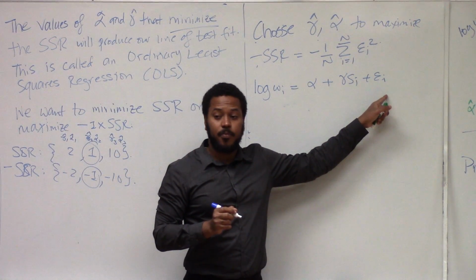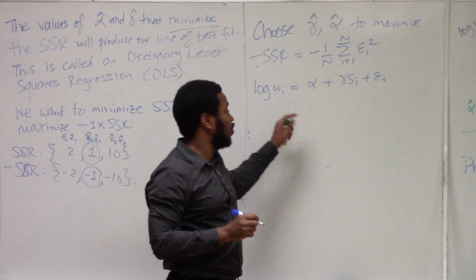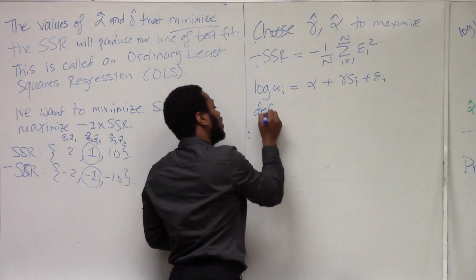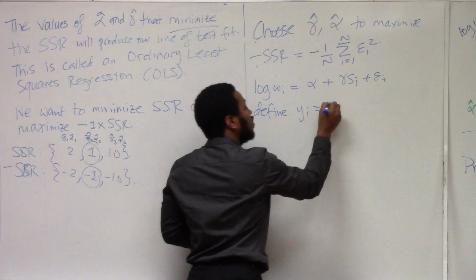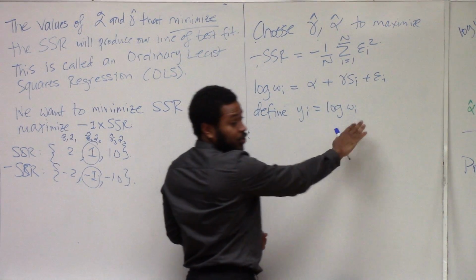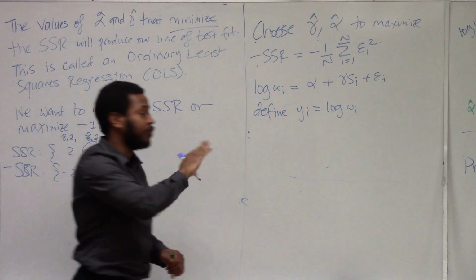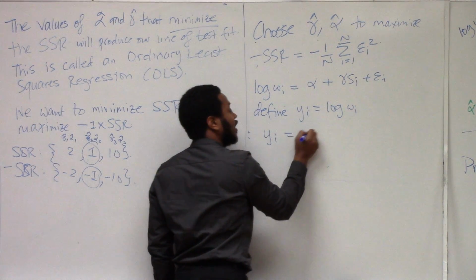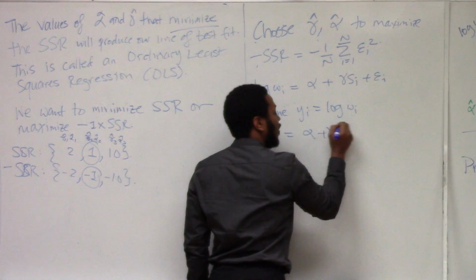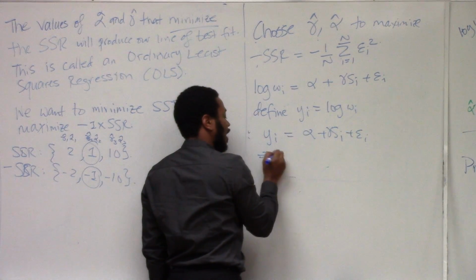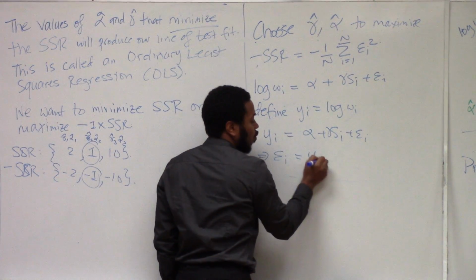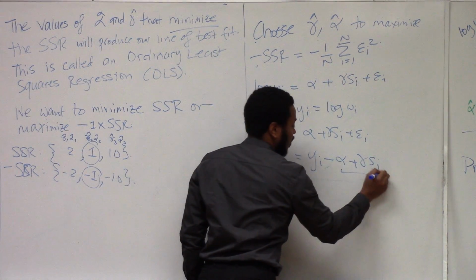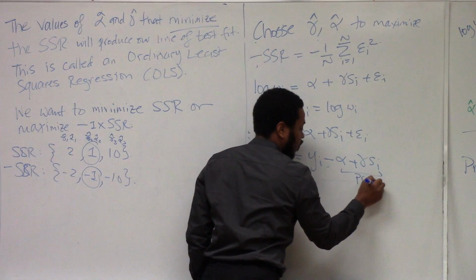Let me do one simplification: instead of writing log wages everywhere, let's define y_i to be the log of wages i, a transformed income variable. So y_i is equal to alpha plus gamma S_i plus epsilon i. That implies epsilon i, the things that we don't observe, is your actual wages minus alpha plus gamma S_i. This is like the prediction.